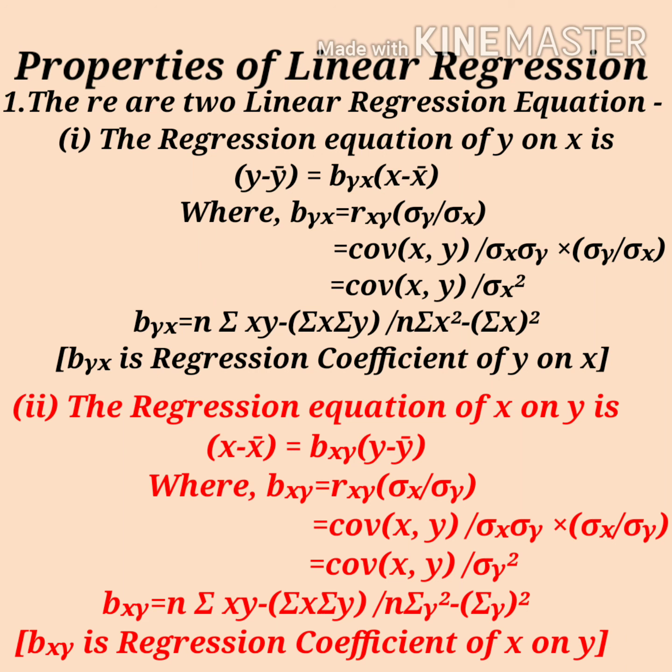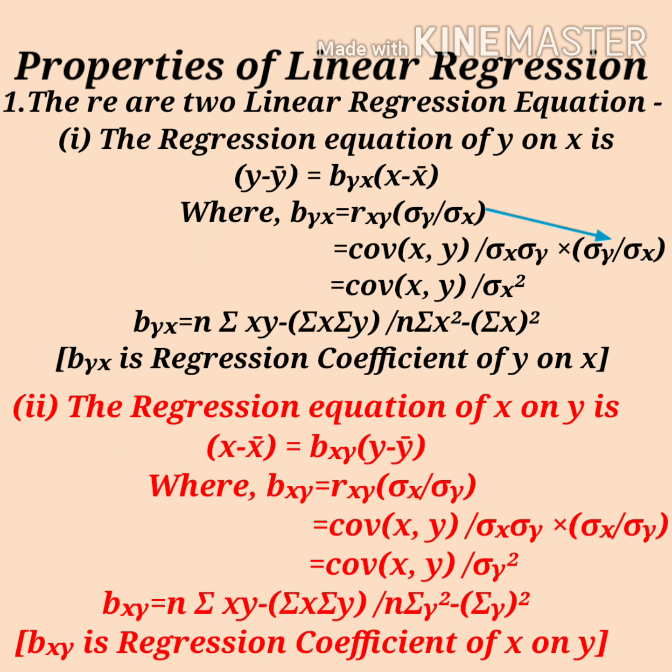You know r_xy is the correlation coefficient of x and y. So in the next line we have written covariance of xy divided by sigma x into sigma y. You know the formula of correlation coefficient, that is covariance of xy divided by sigma x and sigma y, that I have written into sigma y by sigma x.